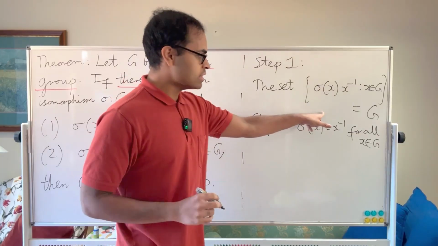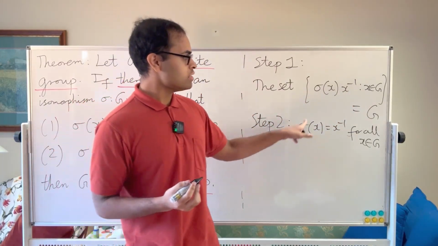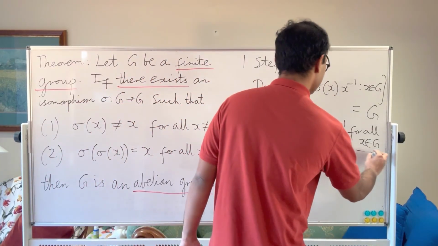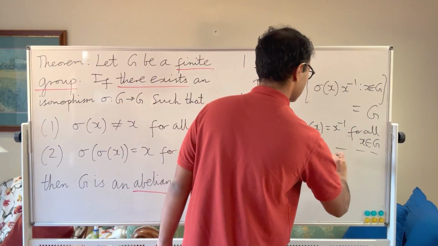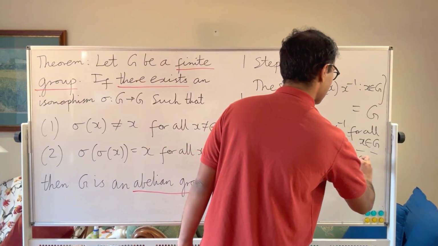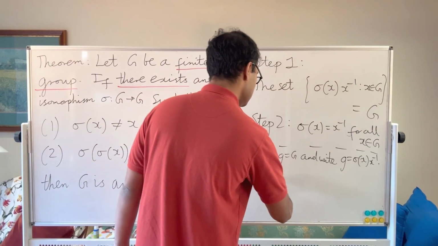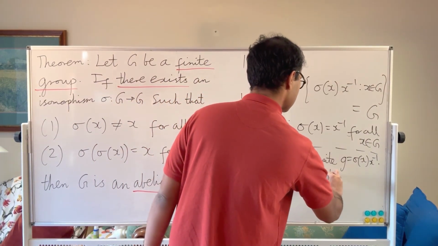Well, using the fact that G is all elements of this form, let's apply sigma to something of this form and see what spits out. Let g be in G, and so we can write, using what we just proved in step 1, g equals sigma of x times x inverse. Now sigma of g equals sigma of x times x inverse.